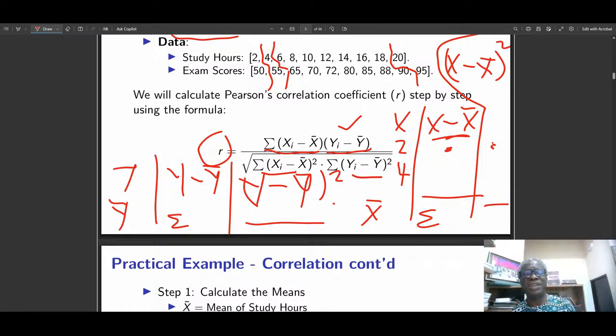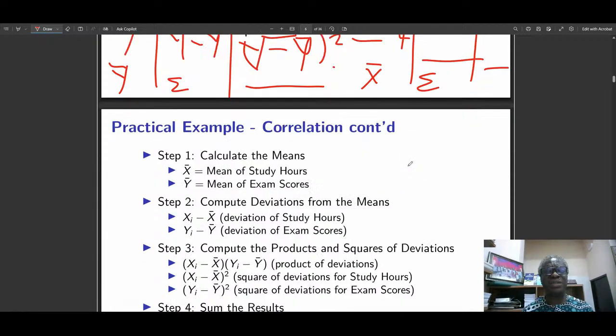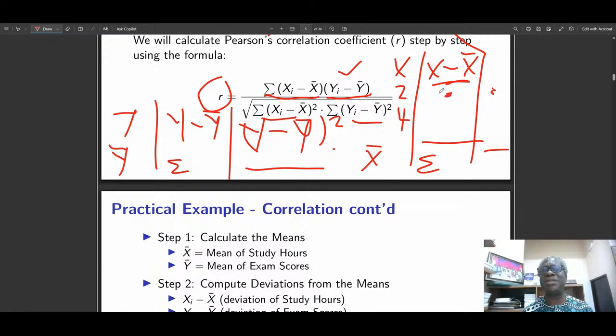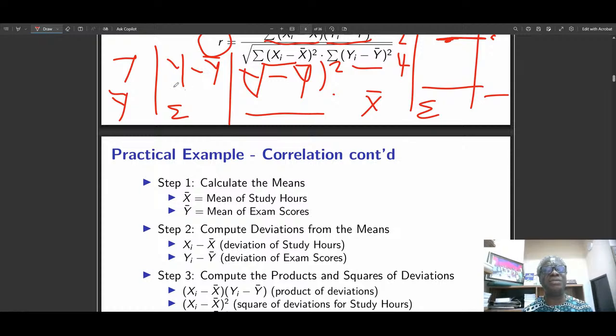So, after step one of getting the mean of each variable, the mean of study hours and the mean of exam score, you get the deviation from the mean. That gives you the deviation of study hours, which is this column, and then the second one gives you the deviation of the exam score.